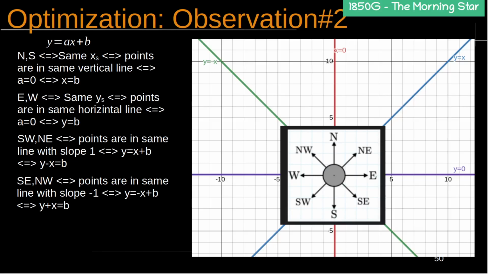Okay. What we're going to do now, we're going to use a map to count the number of points with x and y, and y minus x and y plus x, which means we're going to count the number of points in the same vertical line, the number of points in the same horizontal line, the number of points in the same line with slope 1 using this formula, and the same number of points on the same line with slope minus 1 using this formula, y plus x.